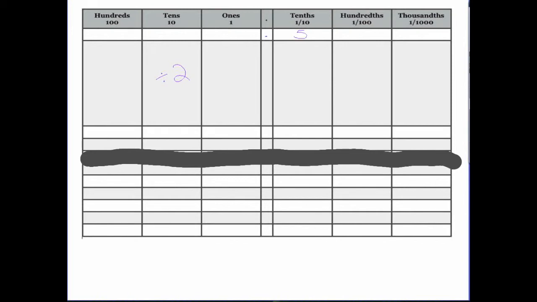So we're going to add 5 dots. I'm going to make my pen thin again. That's still not very thin. Let's try this one. So I have 5 dots.